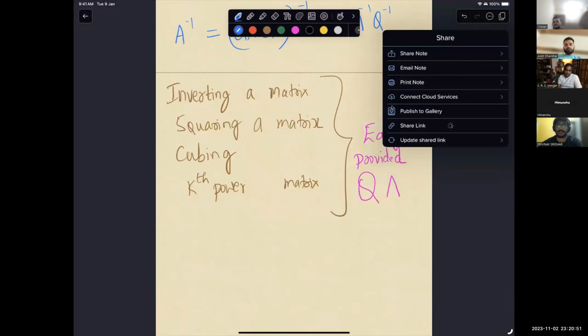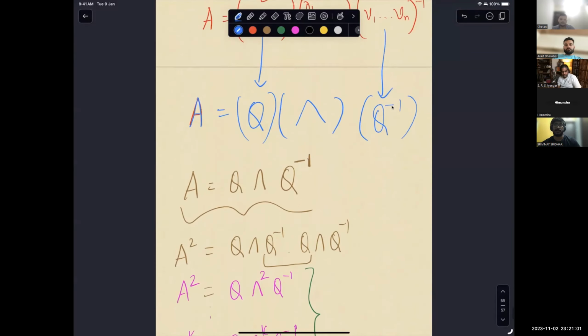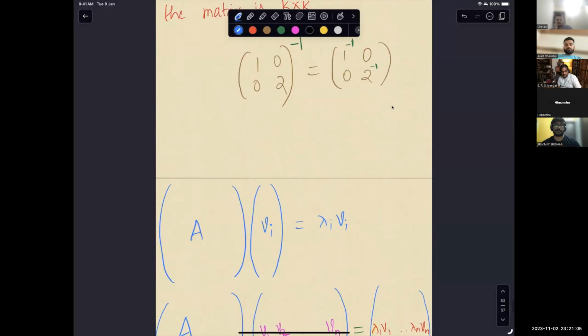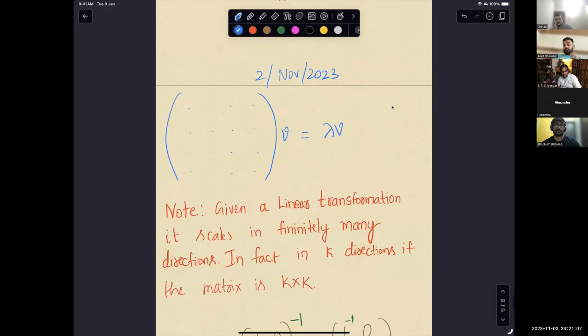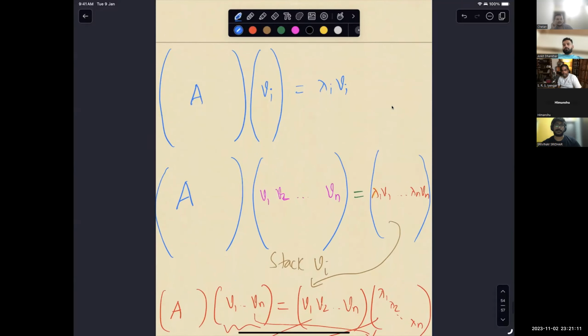Okay, so we looked at the graph. We noticed that given some input to a matrix, when we were varying our inputs, there were some inputs where the matrix was just scaling them. It was giving us a scaled version of those inputs as the output, right?